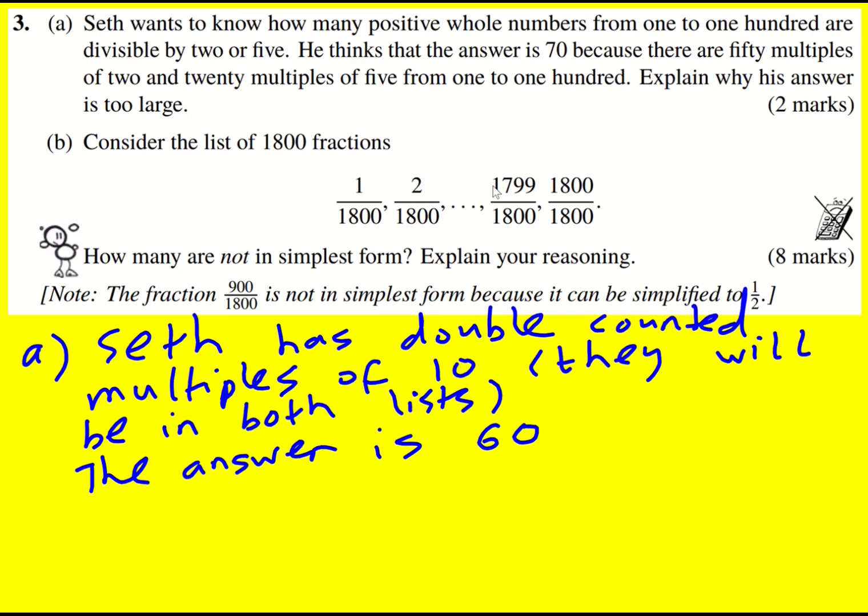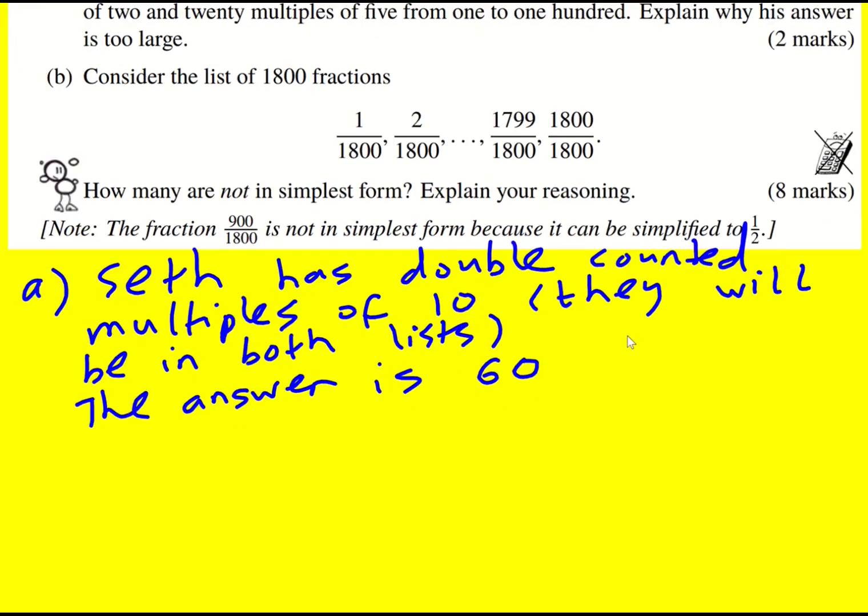In B, we're asked to consider the list of 1,800 fractions and how many are not in simplest form. Explain your reasoning. So, not in simplest form if they share any kind of common factor.